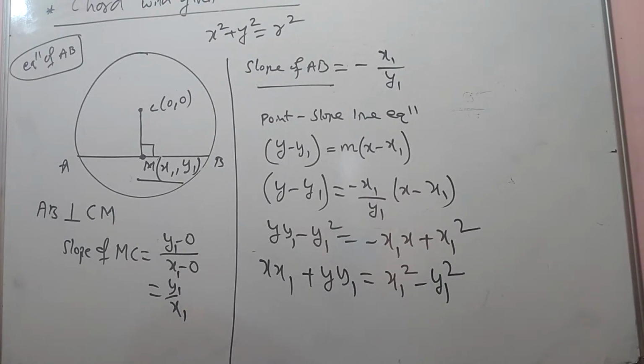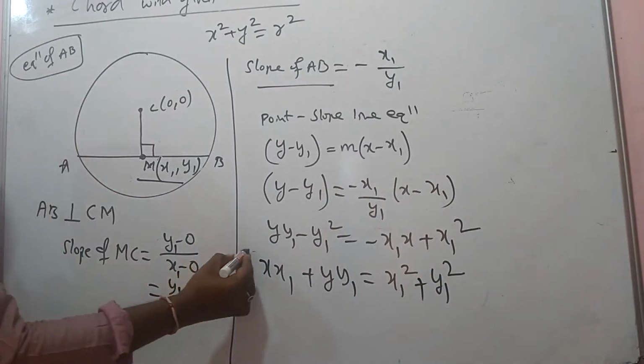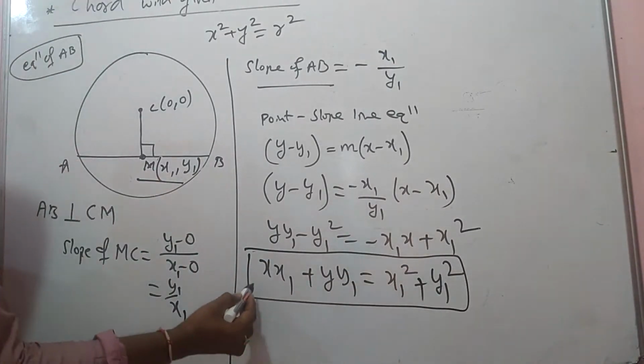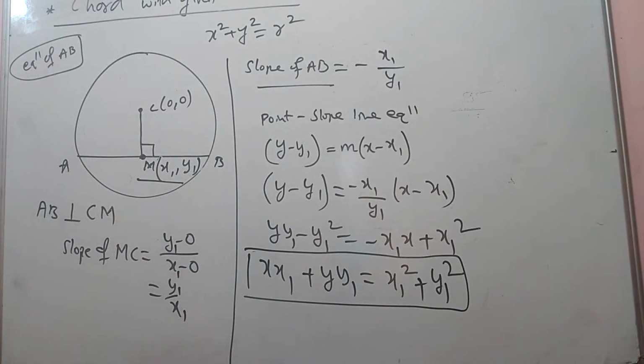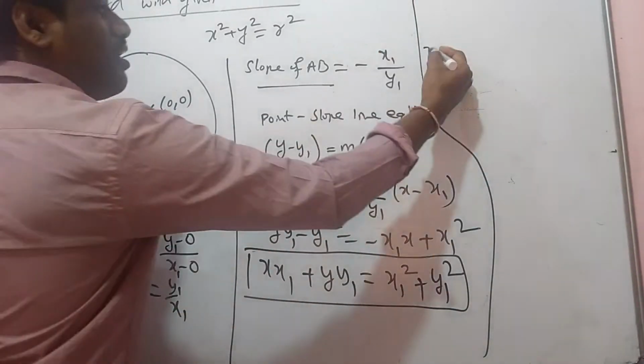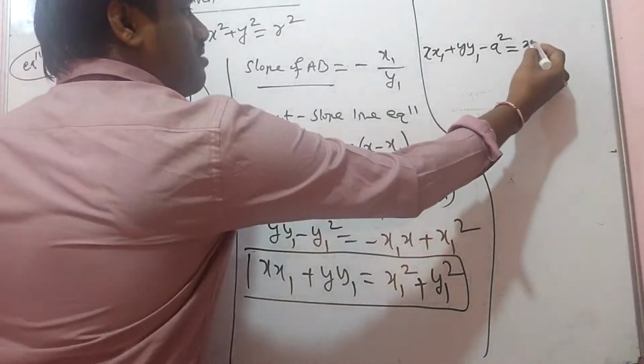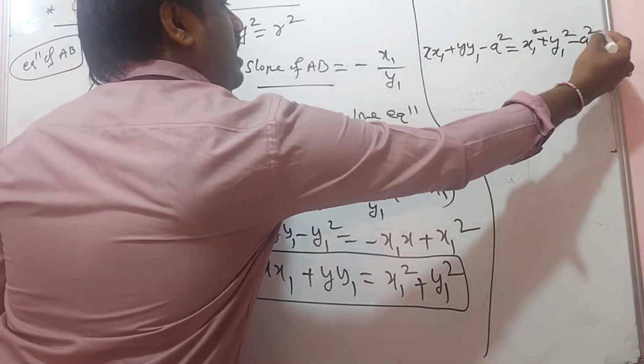Therefore the equation of this AB, subtracting a square on both sides: x x1 plus y y1 minus a square is equal to x1 square plus y1 square minus a square.